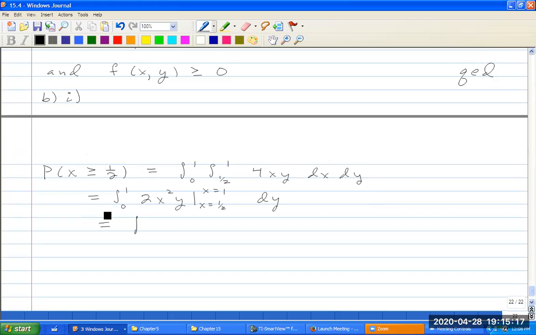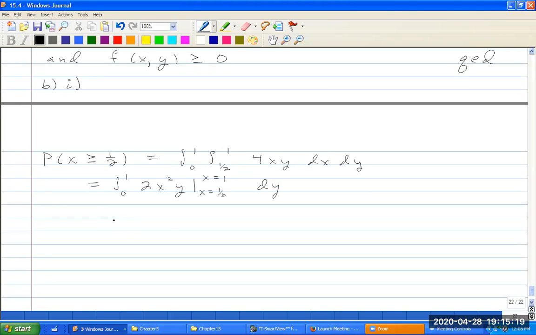Okay, so this is the integral 0 to 1. Plug in 1, so that's just 2 times 1 squared. Plug in 1/2, 2 times 1/2 squared, dy.